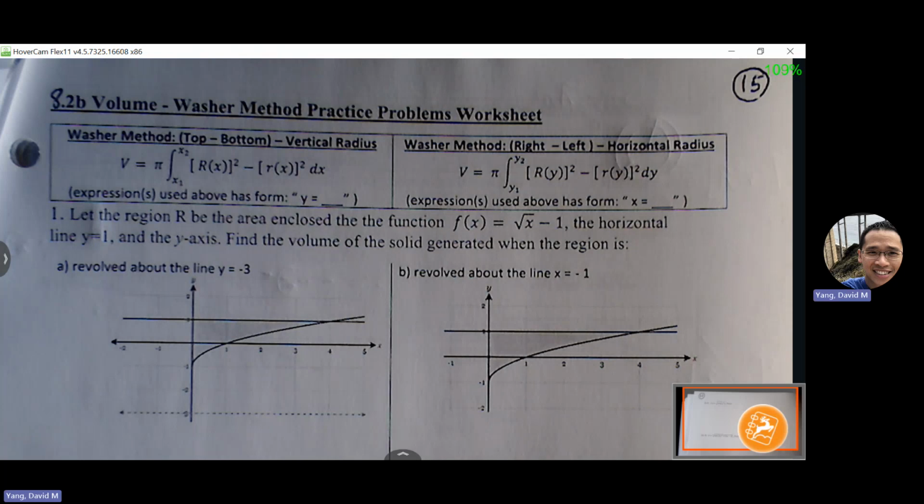That's the only way. Any other place, there's a gap. Here, there's no chance for disc method. Everything's going to be washer method here. I think it's harder to create disc method than washer method, because unless there's a flat surface on the shaded region and you're up against that flat surface, it's always going to be washer method.